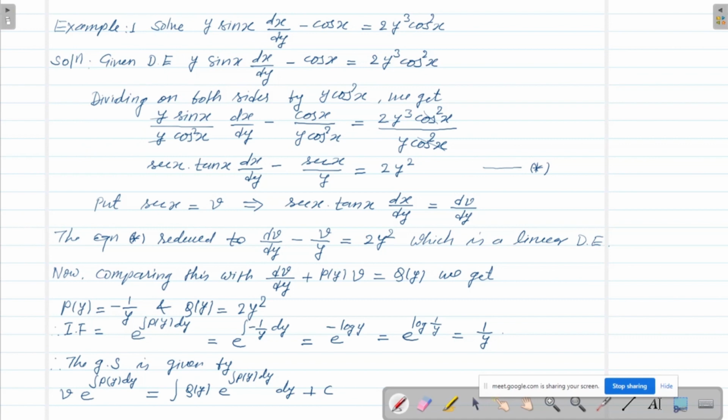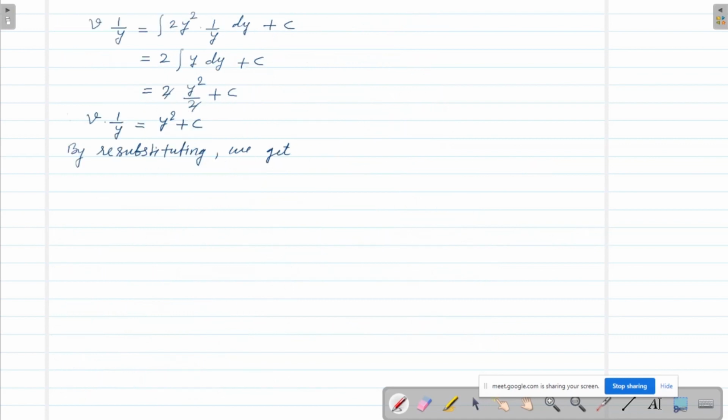Your v is sec x. Sec x, and 1 upon y, 1 upon y is as it is, and this is equal to y square plus c.